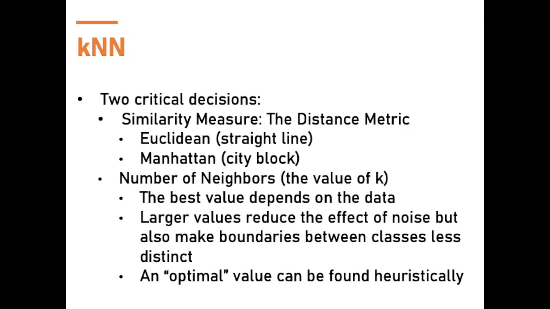The best choice of K will depend upon the data we've got. To find the optimal value of K, we can use some heuristic techniques such as the cross-validation technique.